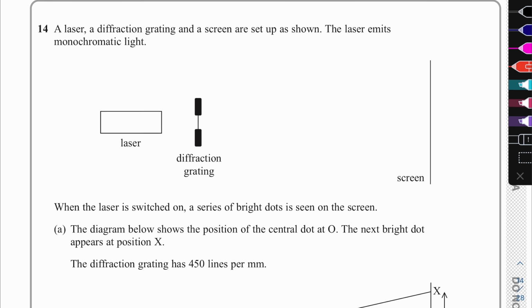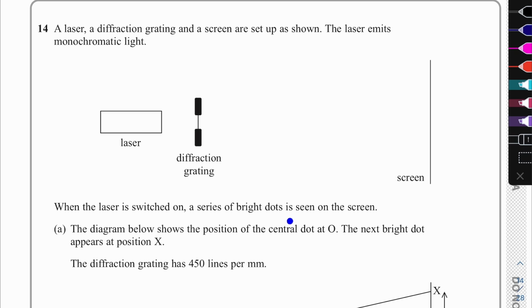All right, now we can move on to question number 4, recorded 14. So we have a laser, a diffraction grating, and a screen, a setup as shown. The laser emits monochromatic light, so this is of a single wavelength or a single set of wavelengths. When the laser is switched on, a series of bright dots are seen on the screen.